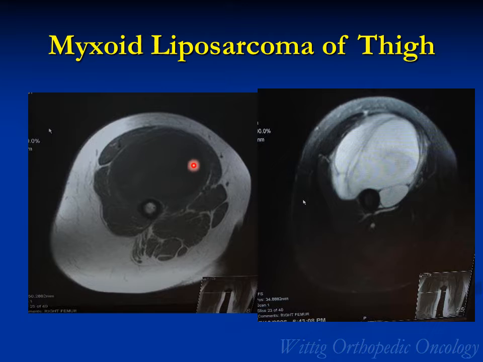The majority of the mass is similar to muscle intensity on the T1, and then very high signal on the T2 weighted images with perhaps some wispy dark areas that may correlate with wispy bright areas on the T1. But again, this would take an experienced radiologist to really identify that as fat, and certainly there's a differential of this from a myxoid liposarcoma to a myxoid MFH. It would need to undergo a biopsy.